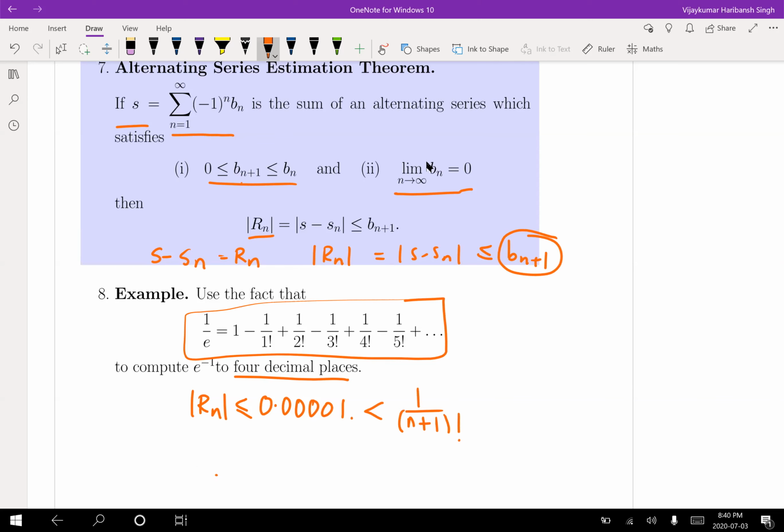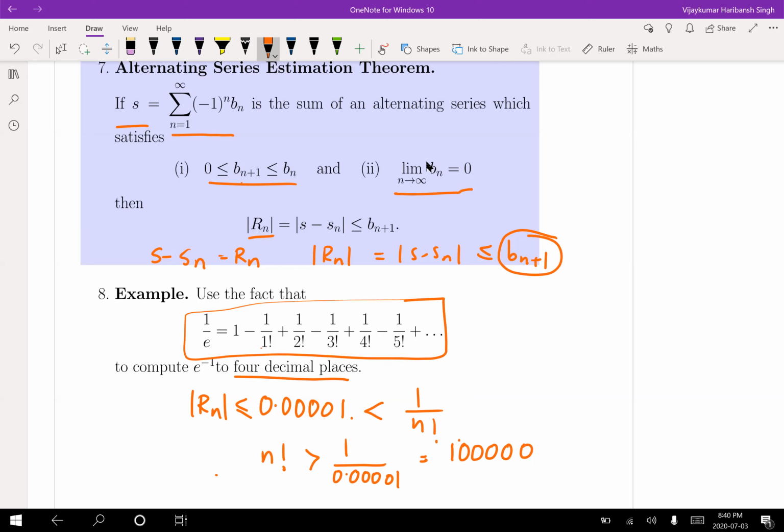First term is 1, second term is 2, third term is this, so it has to be n factorial, not n plus 1. So I'm looking for n factorial greater than 1 upon 0.00001, which means 1 followed by 1, 2, 3, 4, 5 zeros.